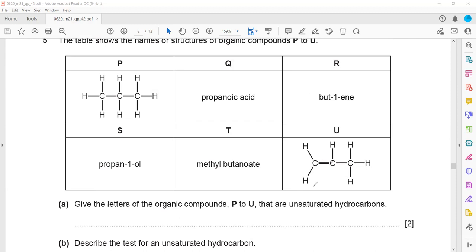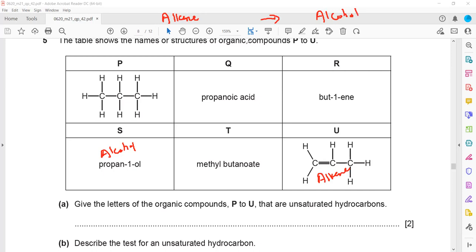What is U? U is an alkene, and S is an alcohol. So I have an alkene and I want to convert it into an alcohol. How can alkenes be converted into alcohol?